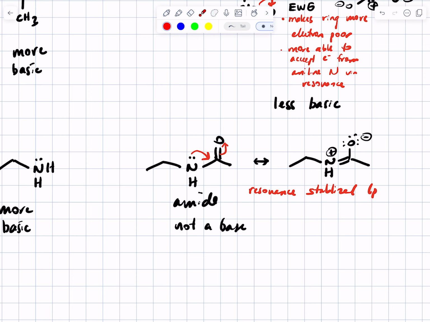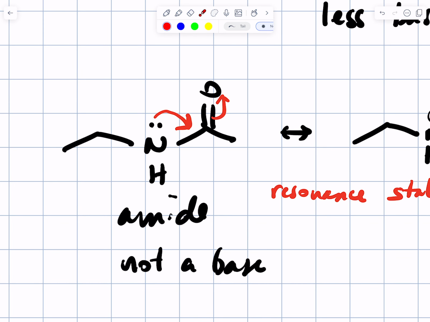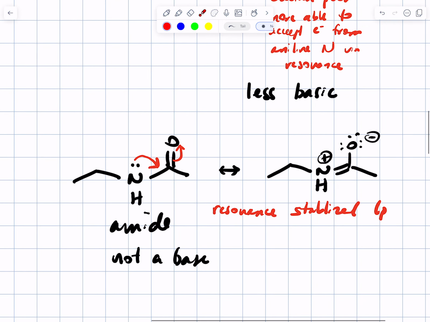This also illustrates an important point. You might be tempted to look at that nitrogen and say, oh, that nitrogen is surrounded by four things, three sigma bonds and a lone pair. Therefore, it should be sp3 hybridized. And you would be right, except for the fact that the adjacent pi bond with oxygen makes it so resonance can occur.